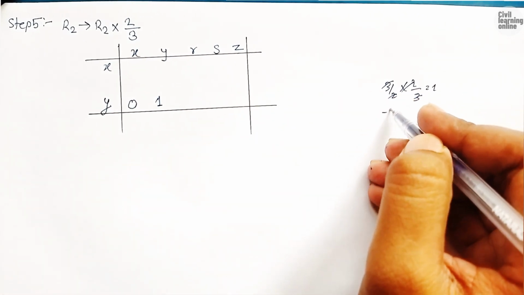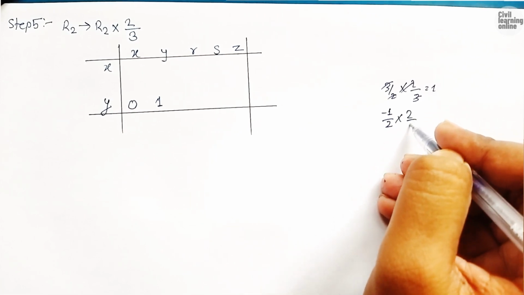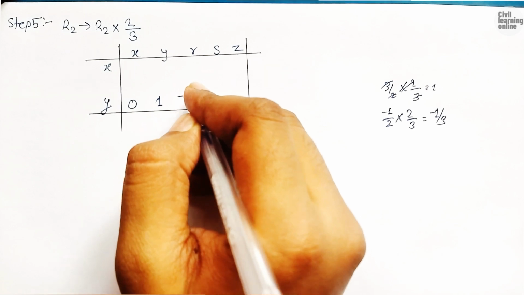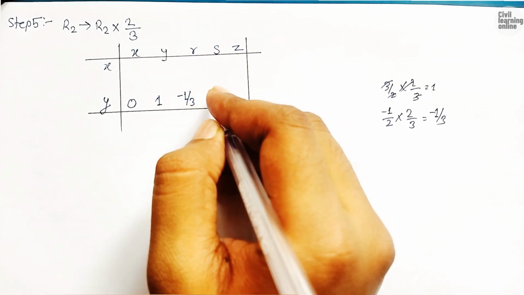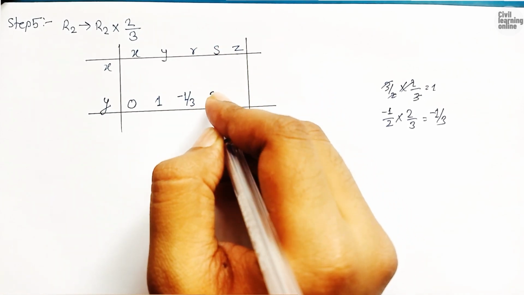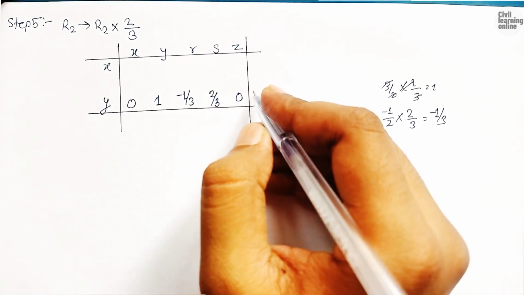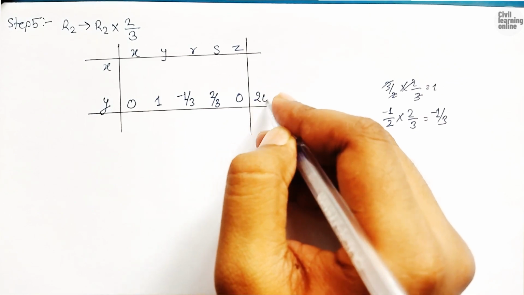Again minus 1 by 2 multiplied by 2 by 3 gives minus 1 by 3. 1 multiplied by 2 by 3 gives 2 by 3, and 0 multiplied by 2 by 3 gives 0. 30 multiplied by 2 by 3 gives 20.